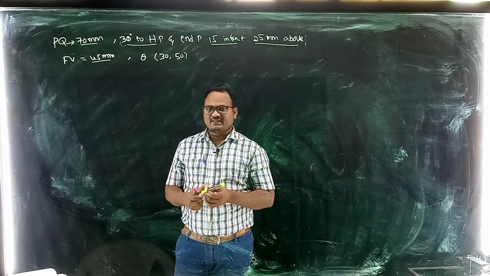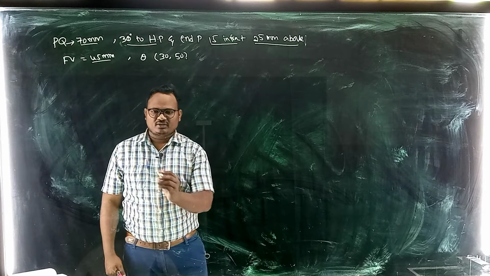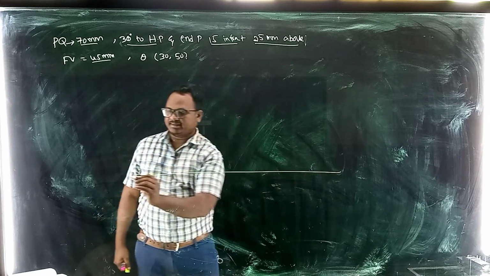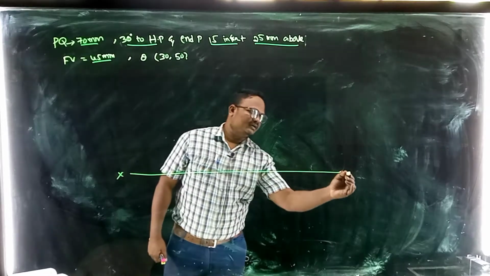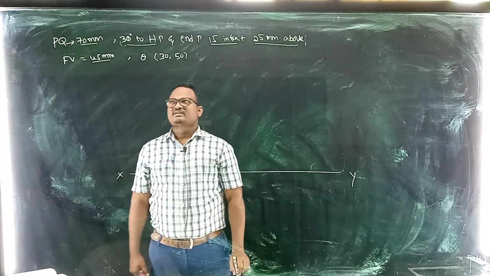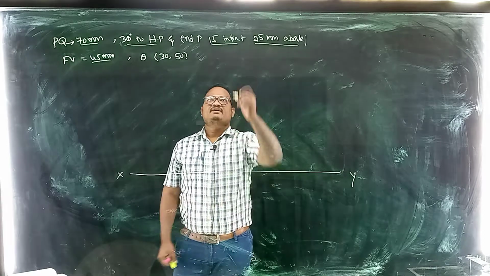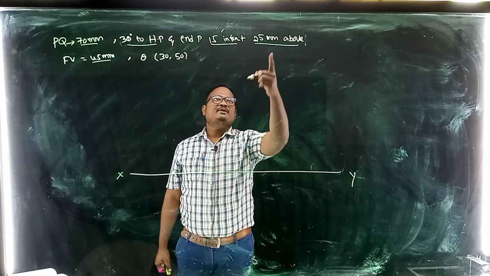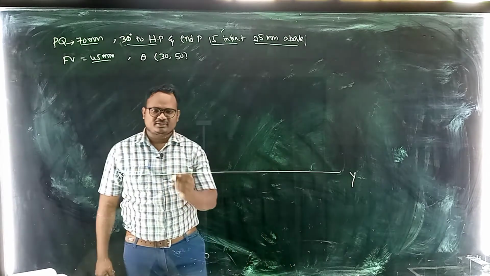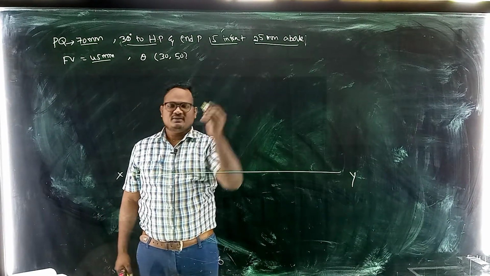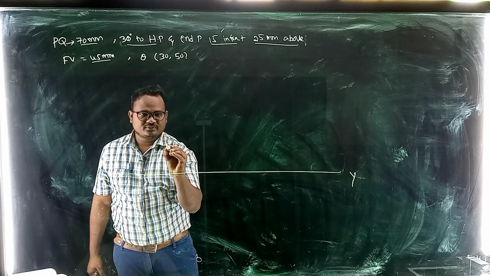As per the data, first of all construct the basic terms, that is the X, Y reference line. Initially, end P is located at a distance of 15 mm in front of VP and 25 mm above HP.